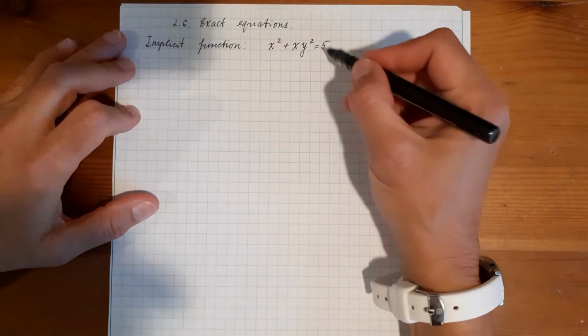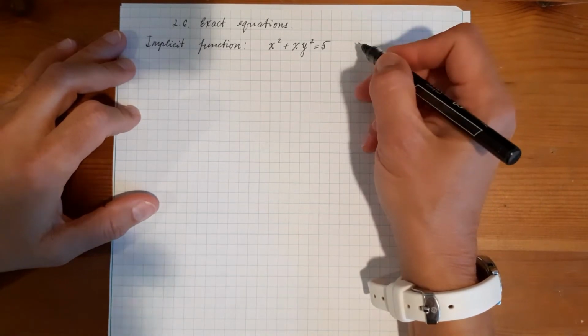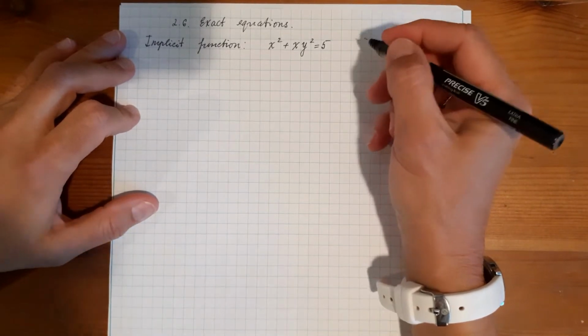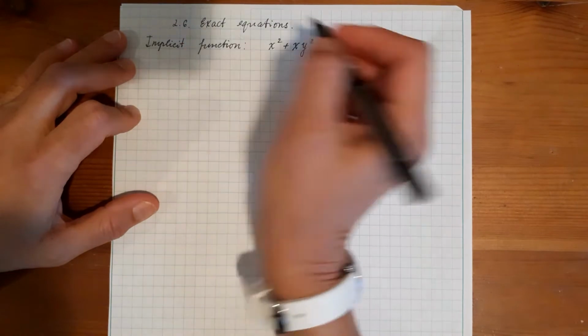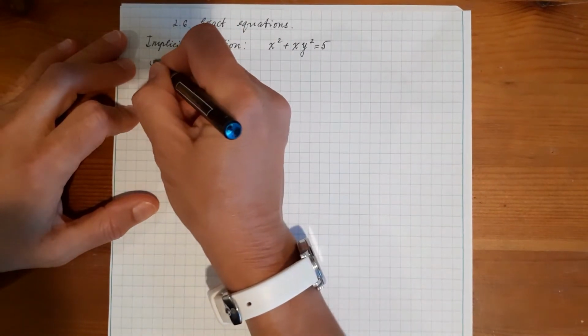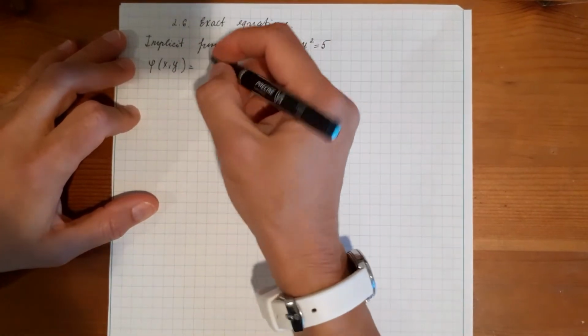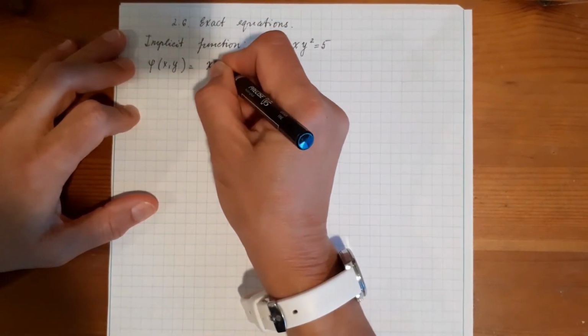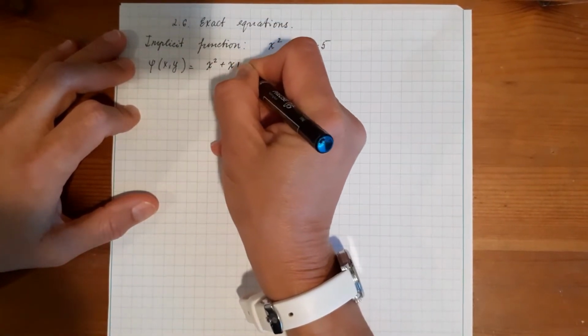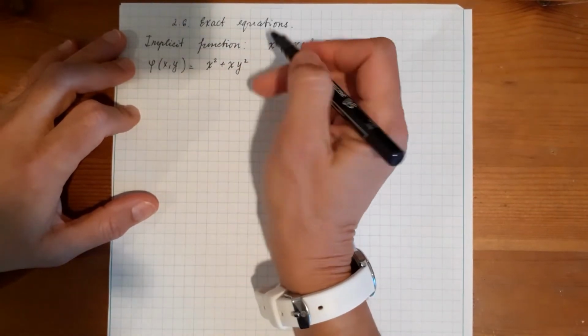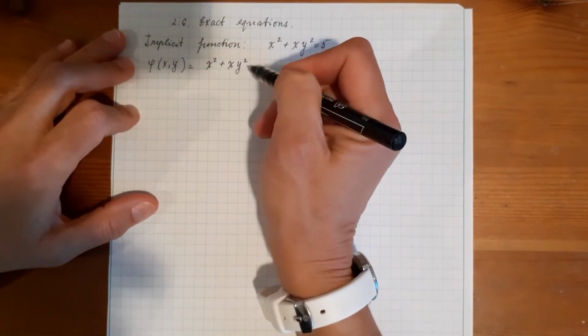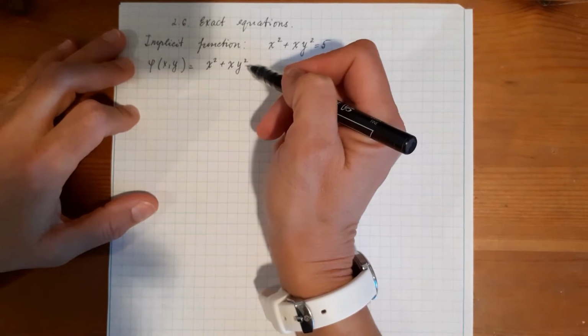Sometimes it can be solved for y. In this case, it can be solved for y, but not always. Let's create a function of two variables, phi of x and y, and just copy our left side. Remember functions of two variables from calculus 3.